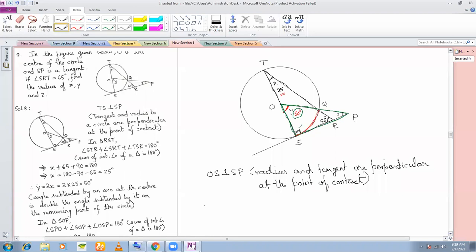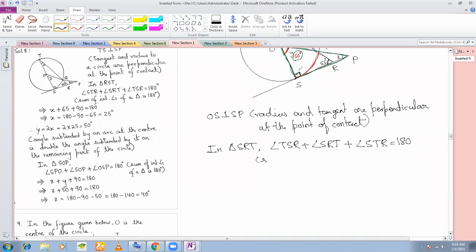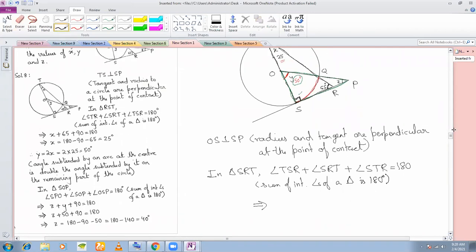So now we shall consider triangle SRT. We are about to find out x here.